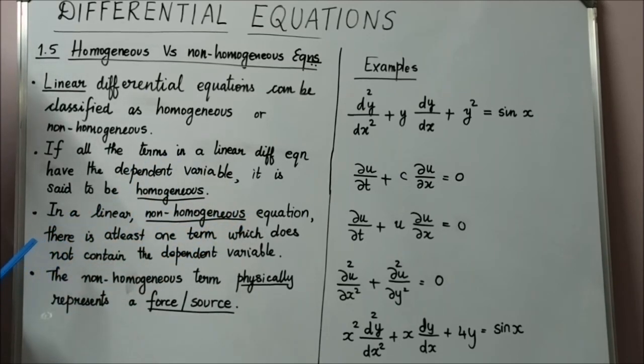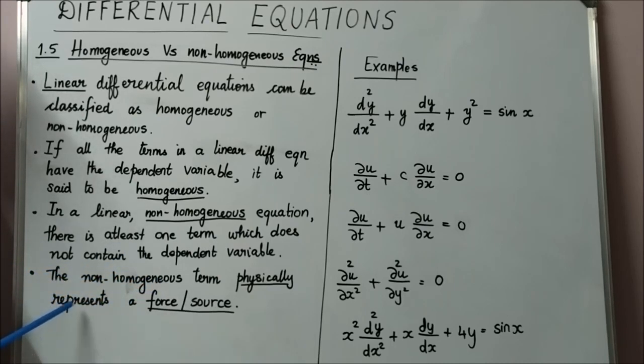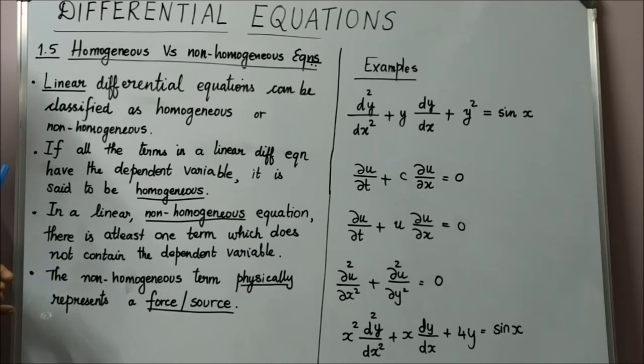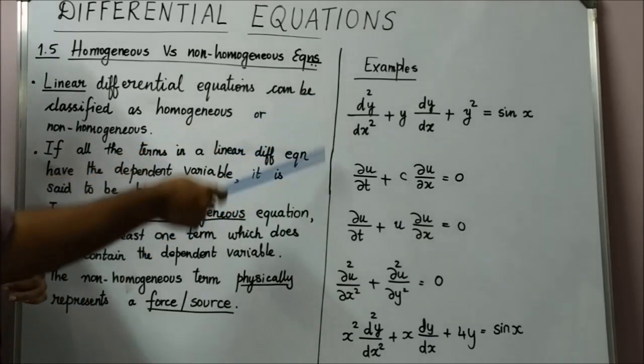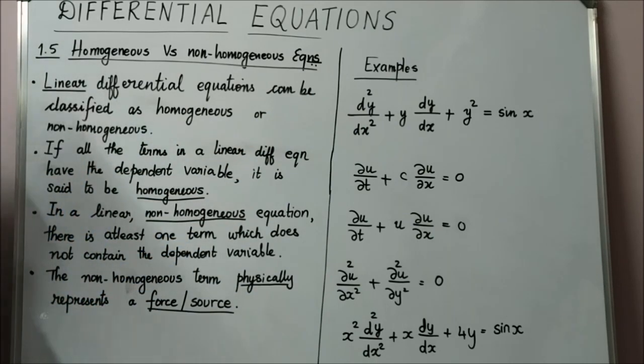Now what is the physical meaning of these terms? The non-homogeneous terms physically represent either a force or a source. So these are usually called the source terms in a PDE, but in an ODE they usually represent some kind of a force. Now let's take a few examples to quickly apply these ideas.